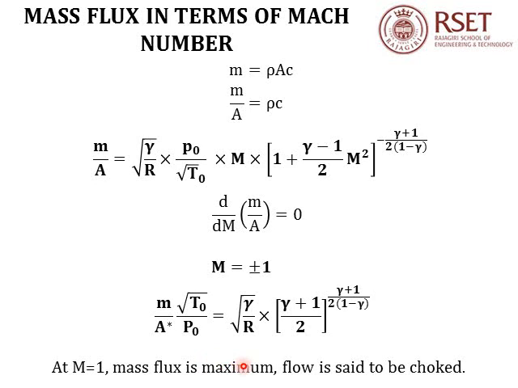That is, it is flowing to its fullest, and further increase in mass flux is not possible. The condition is referred to as choking, and the condition of choking is attained in an isentropic manner. Hence, it is sometimes referred to as isentropic choking.